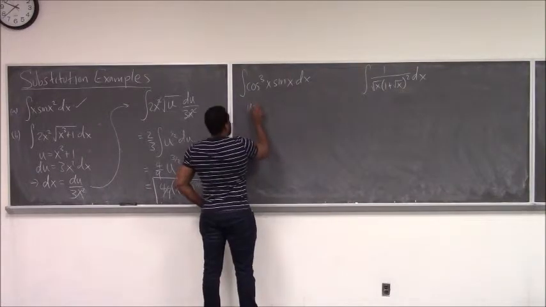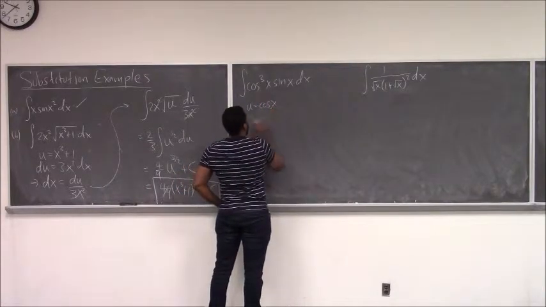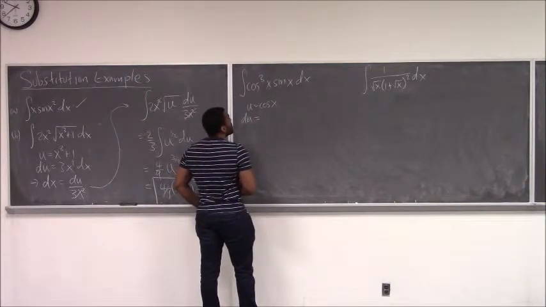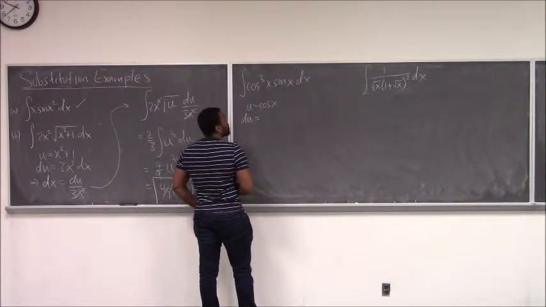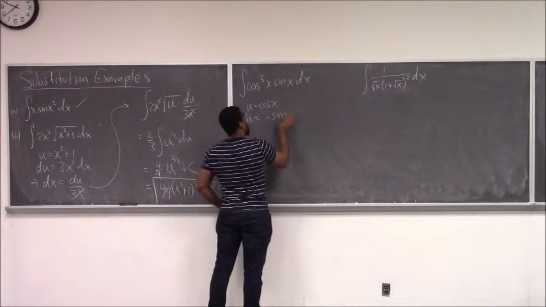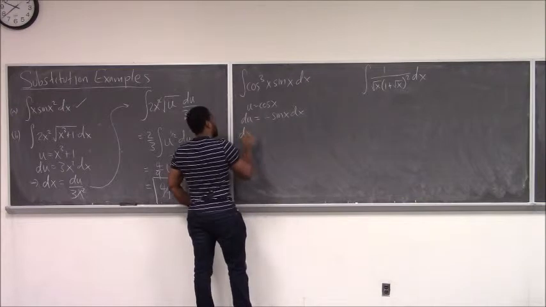Well, u could be cosine. U would be what? No, negative sign. The derivative of cosine is minus sine. Solve for dx.